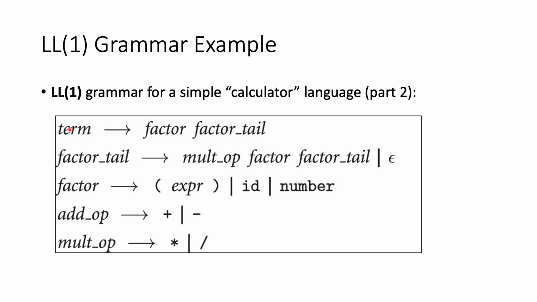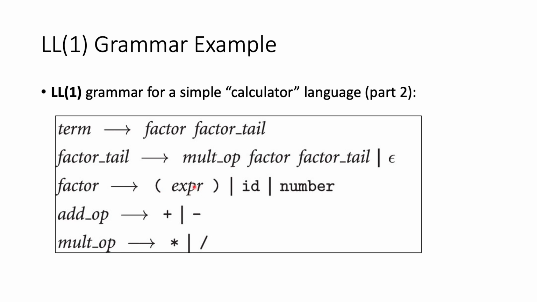A term consists of a factor followed by a factor tail. A factor tail is either an empty string or a sequence of mult op, then a factor, then a factor tail.